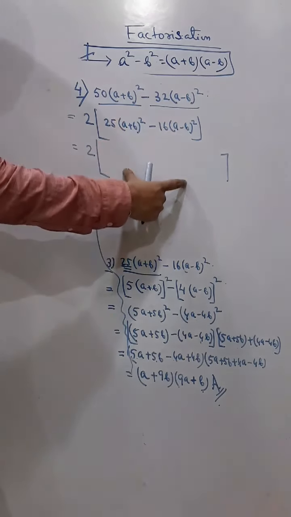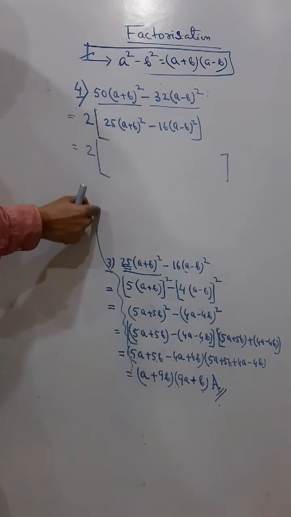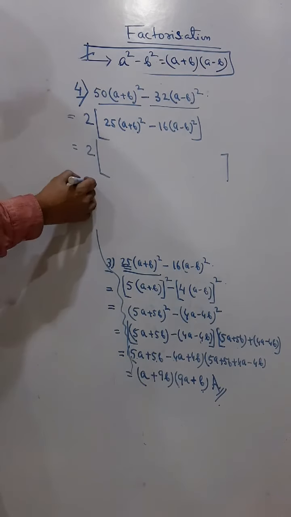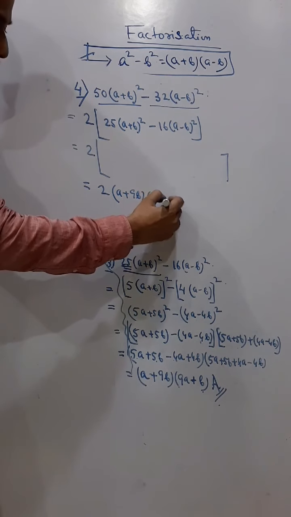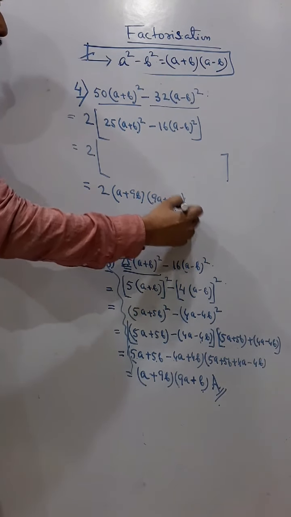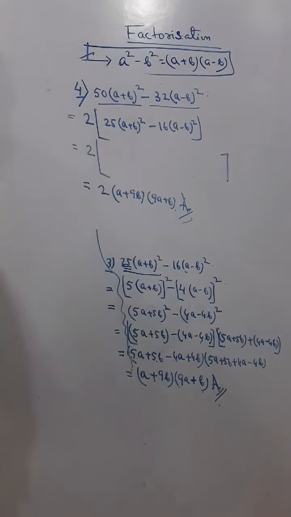Every time I'll write 2, and so finally my answer will be this only, but there will be a 2 outside, right? And then I get 2 times (a plus 9b)(9a plus b), and that will be my answer. Okay.